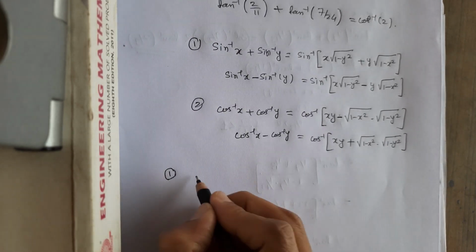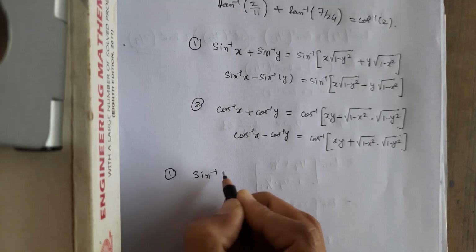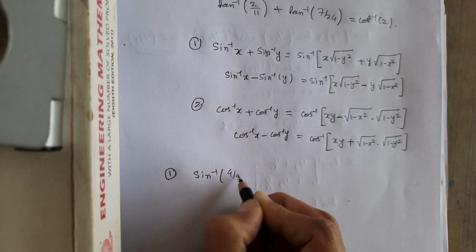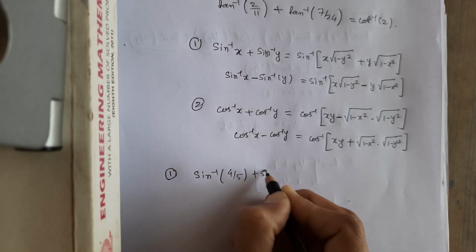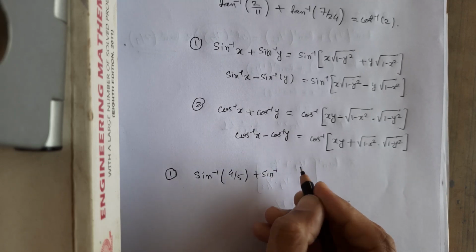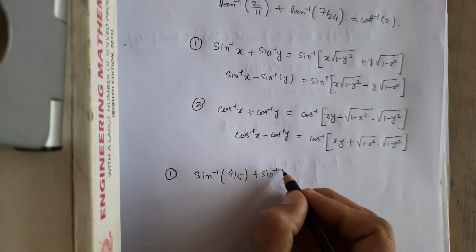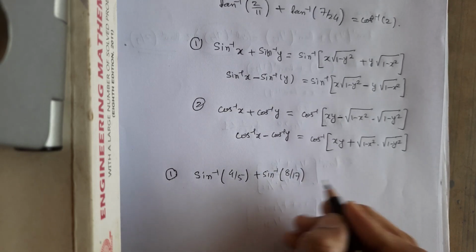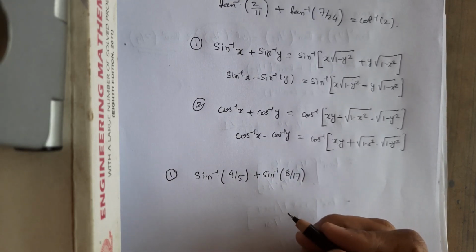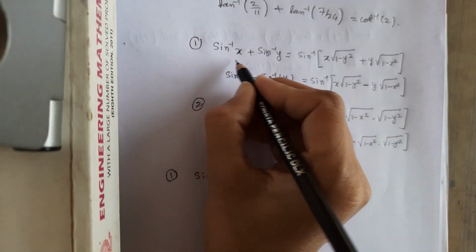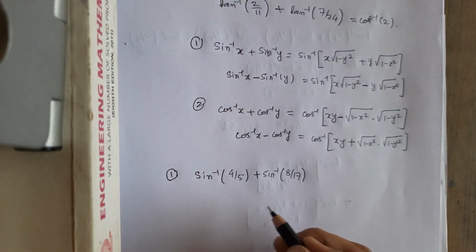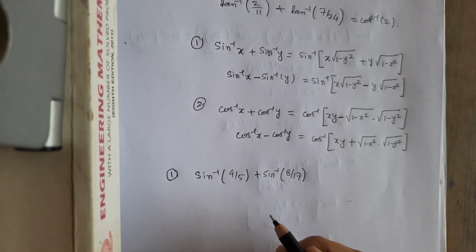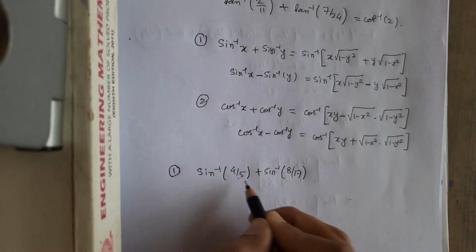So the first thing I want to find is the value of sine inverse 4 by 5 plus sine inverse 8 by 17. So simply I need this property that I just wrote here, where my x and y are these values.